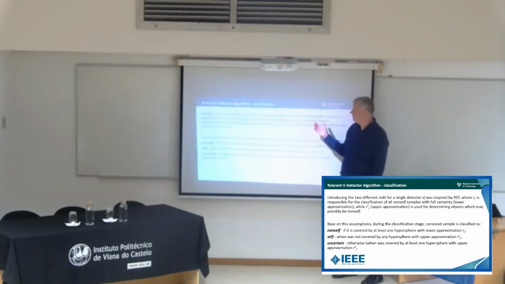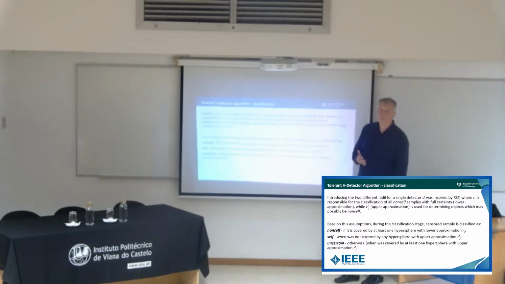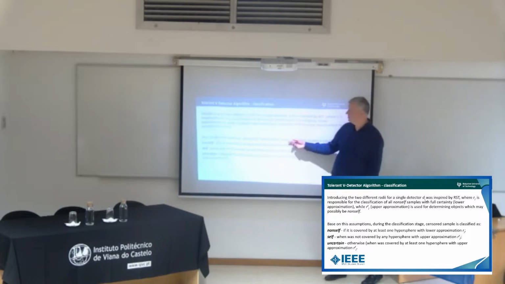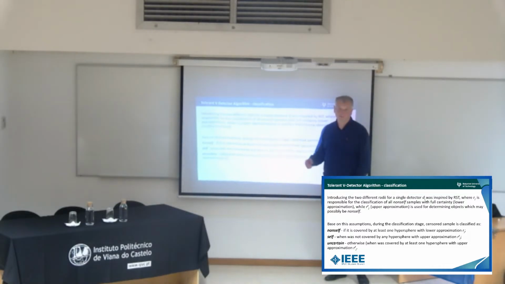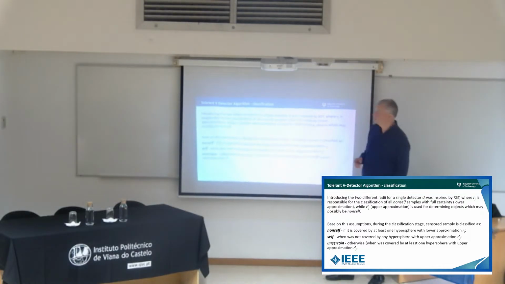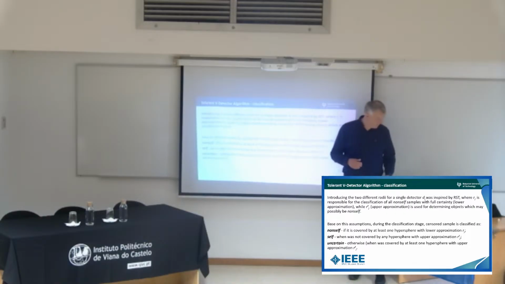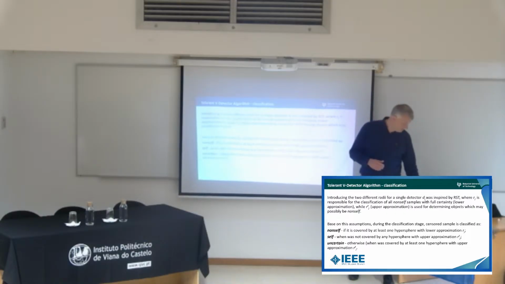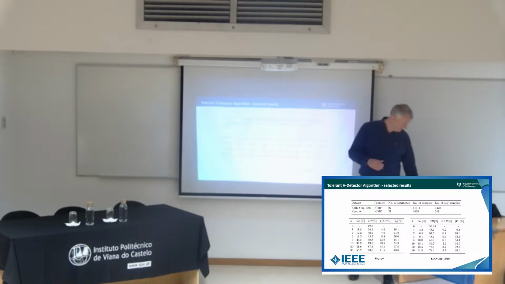So in the tolerant detector, we have three classes, not two. We have non-self, self, and the third class, uncertain, which we don't know. Such samples should be classified by another type of algorithm.